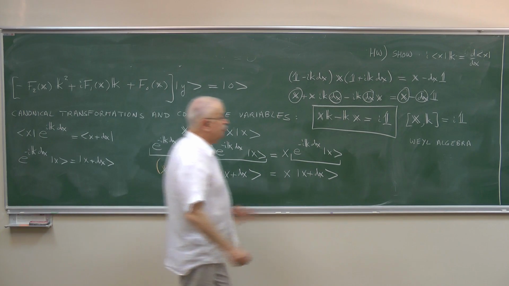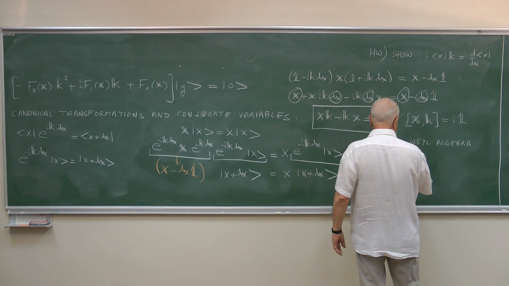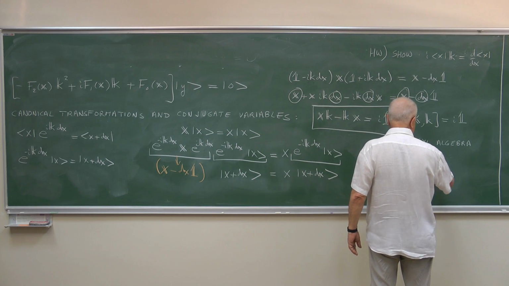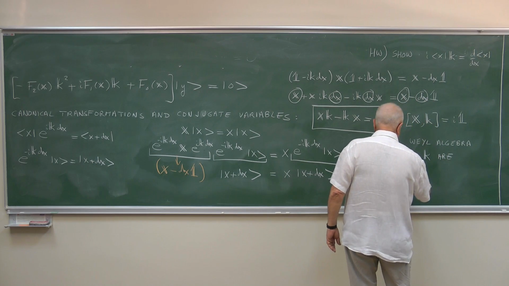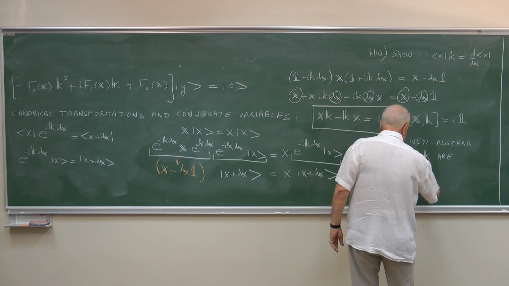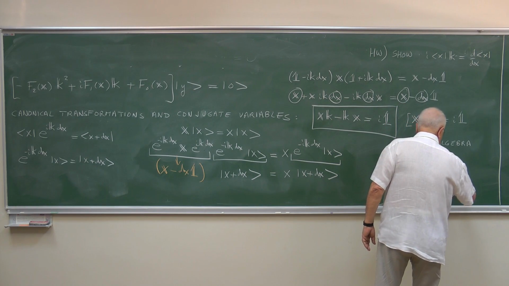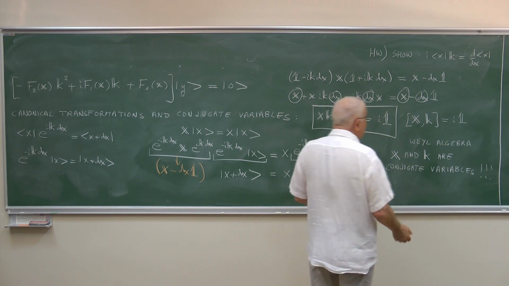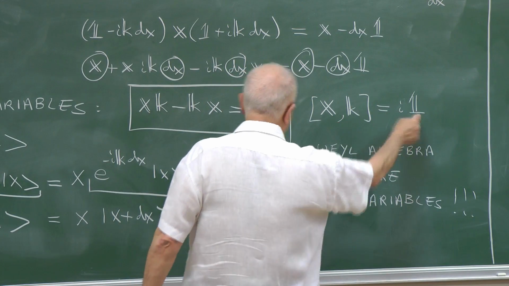So here, something like this tells us that x and k are conjugate variables. So 2 variables are conjugate when their commutator is I times identity.